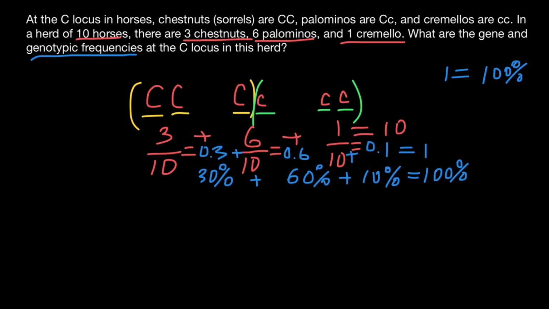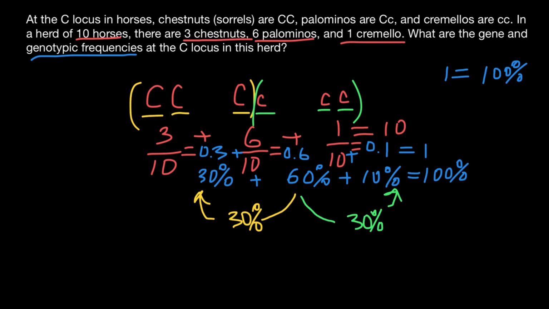So half of this number is the dominant allele and half is the recessive allele. We add half of this number, 30%, here, and another half, again 30%, here.